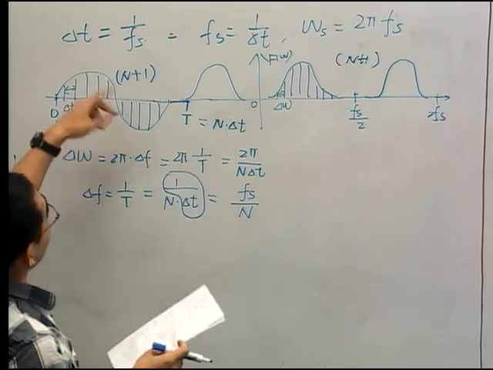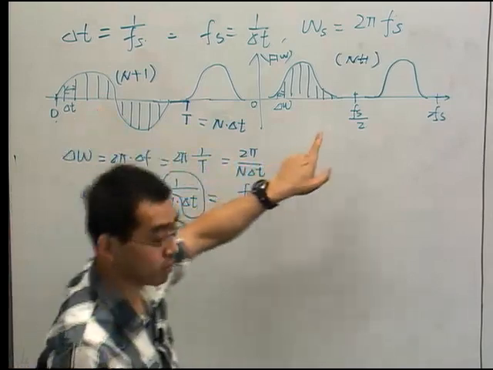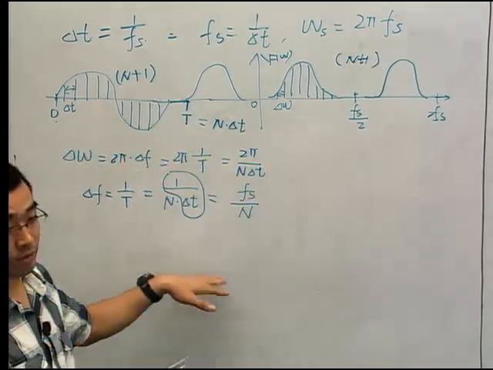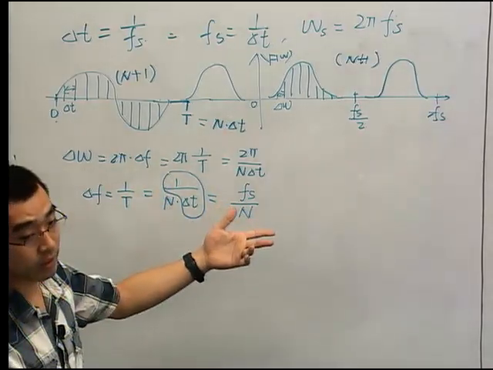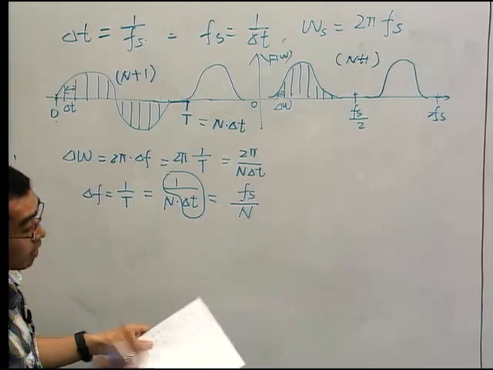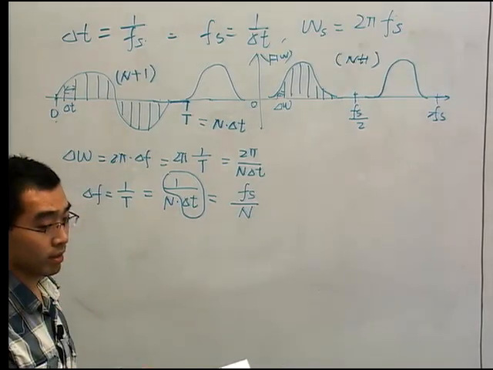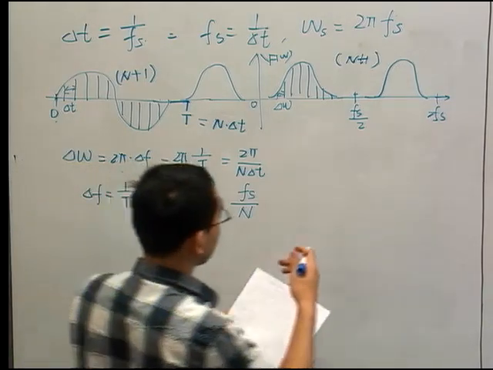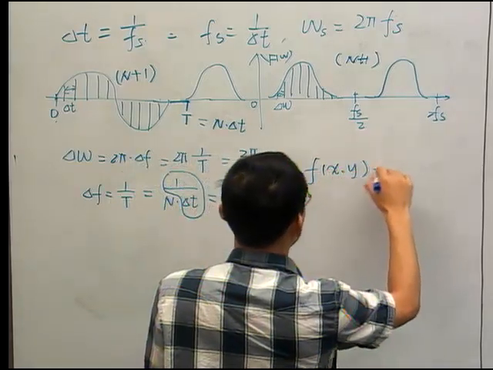Also, you are thinking this is the time domain and this is the frequency domain, but it's not necessarily time and frequency domain. It can be space and frequency. You remember, sometime you studied electromagnetics. In 2D, you have this, right?